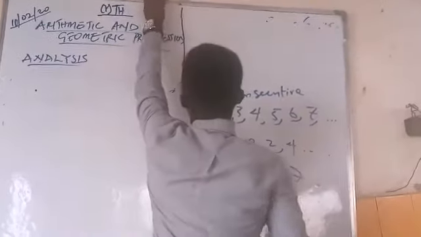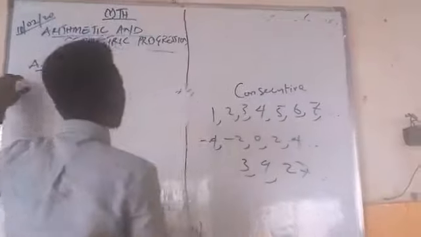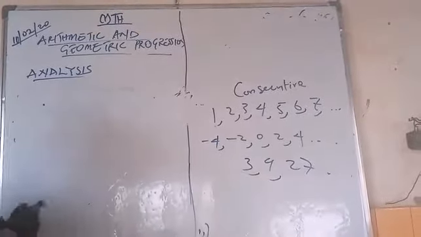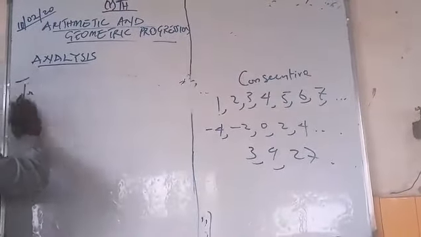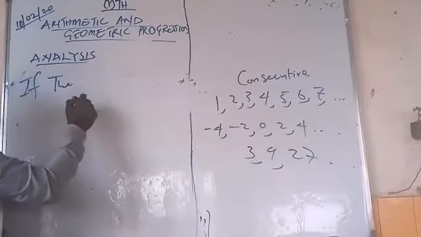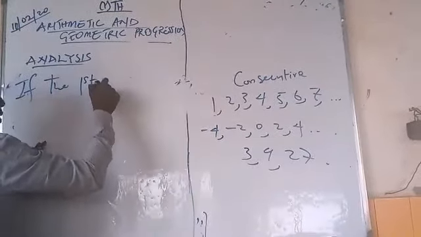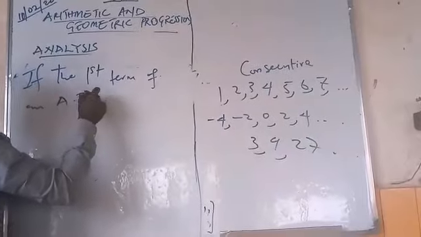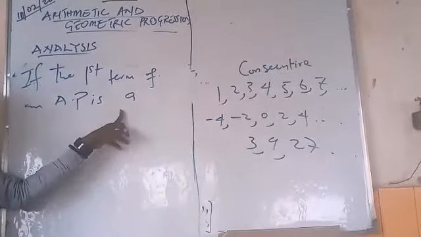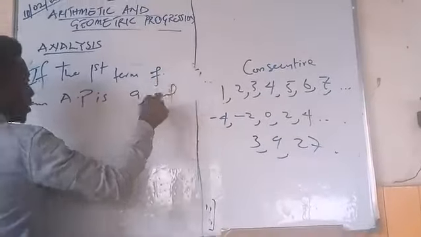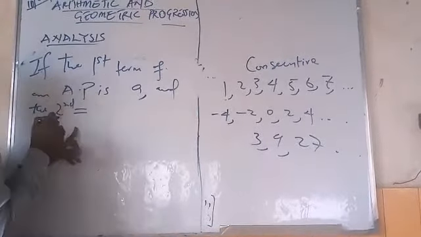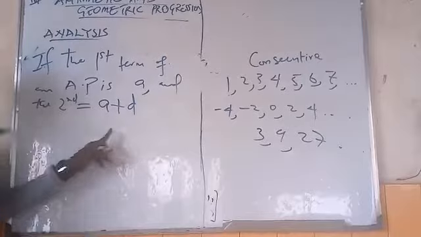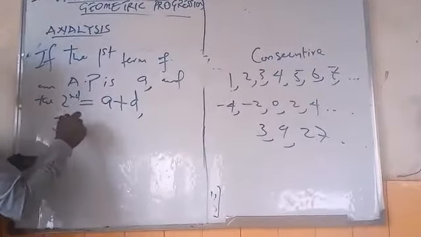Another thing for us to note is this. Right. That is right after your definition of AP. For those who care to write, say, if the first term of an AP is A, and the second term is A plus D, and the third term is equal to what?